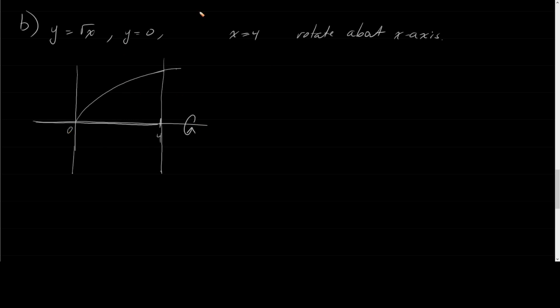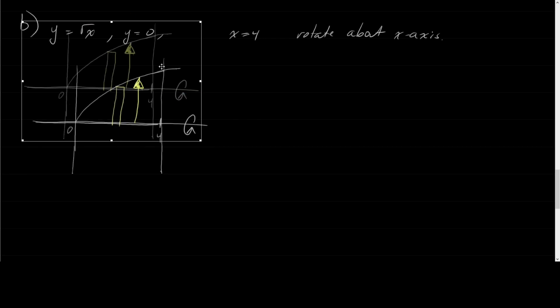So in here, let's start by drawing a representative rectangle. So this is my representative rectangle, right? And since I'm rotating about the x-axis, my radius here is just this distance, right? That distance right there. So what happens when I rotate this? Let's get an idea as to what this is going to become.